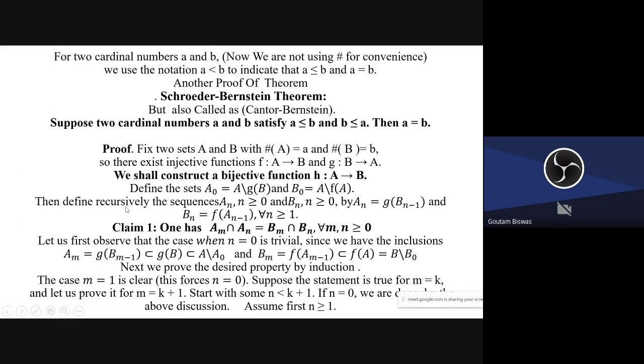Now define recursively. So we have defined A0, then A1 and B1, similar definition A2 and B2 and so on, such that An is given by this relation and Bn is given by this relation for n greater than or equal to 1.